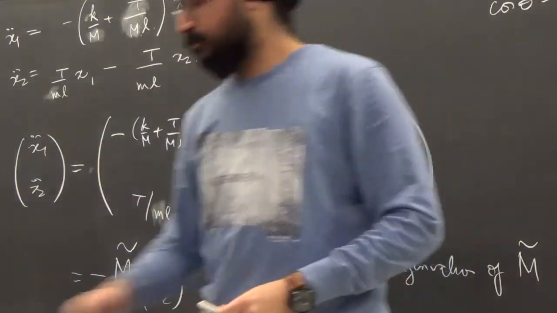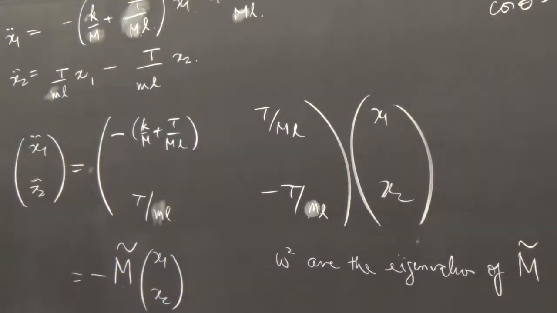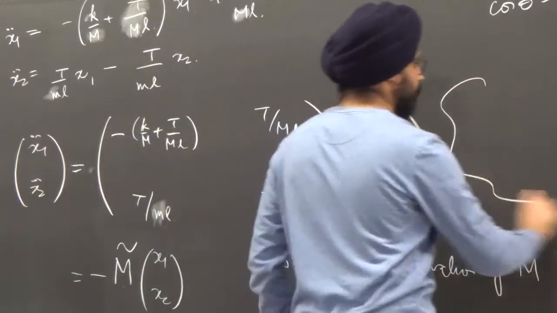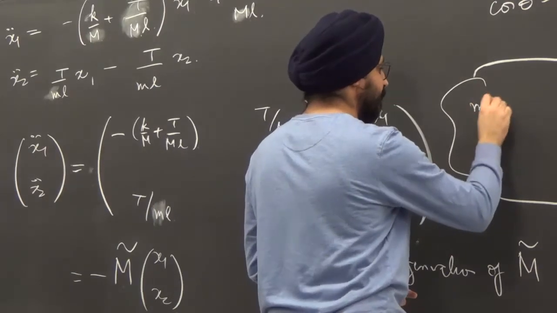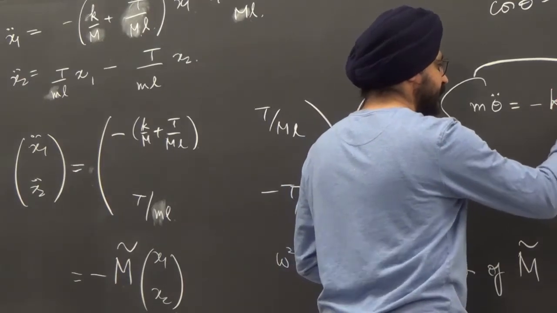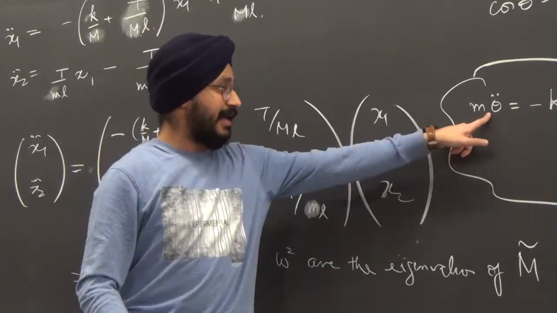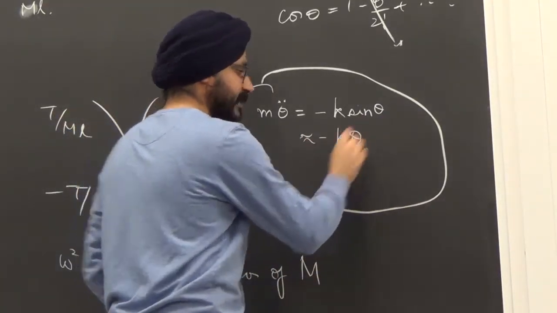Yes? What would you do if sine theta was not exact? Well, this is just because this is geometry. You could always find equations of motion, but let me say it this way. If you write down equations of motion of an angle, for instance, say m theta double dot for one variable equals minus k times sine theta, then for small angles, I can approximate this as k theta.